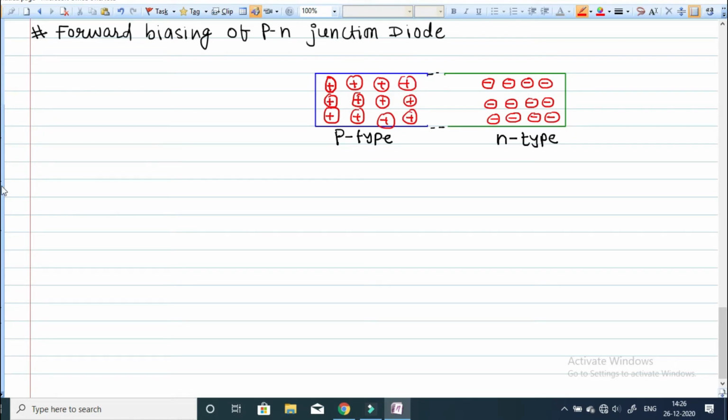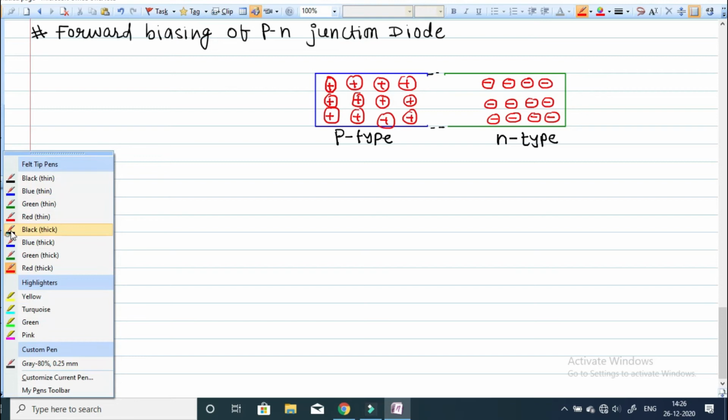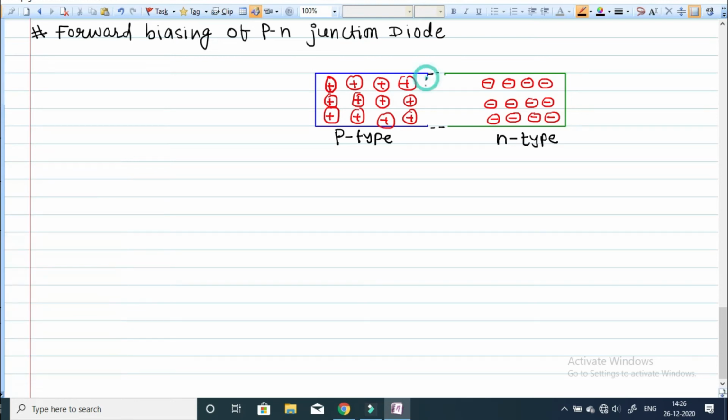Basically, this is your PN junction. And here also we can draw the electrons and holes crossing the junction. Minus, plus, minus, plus.